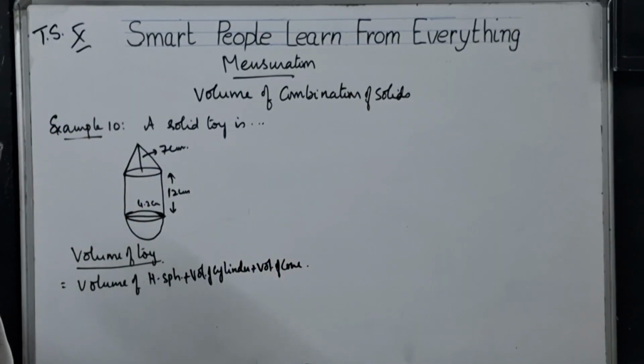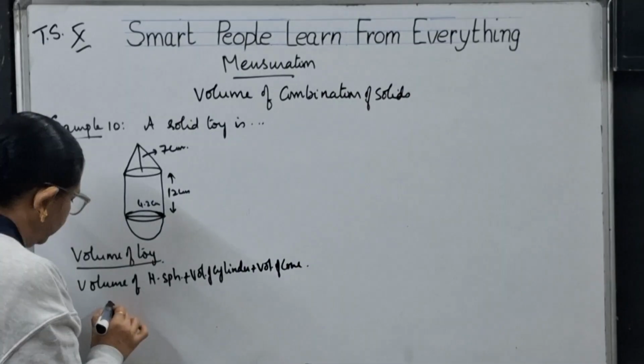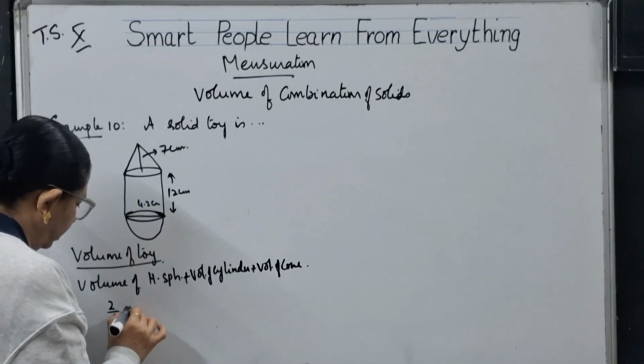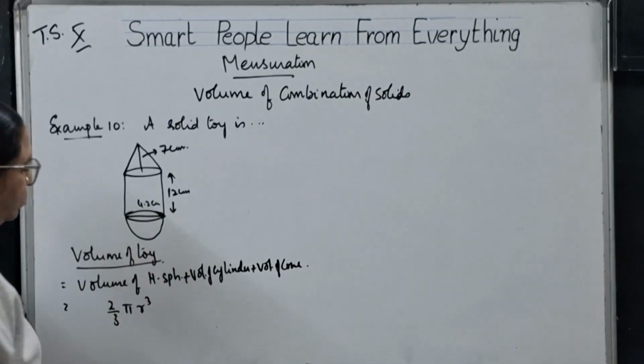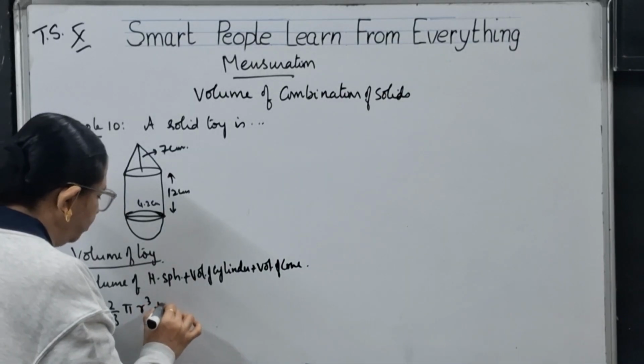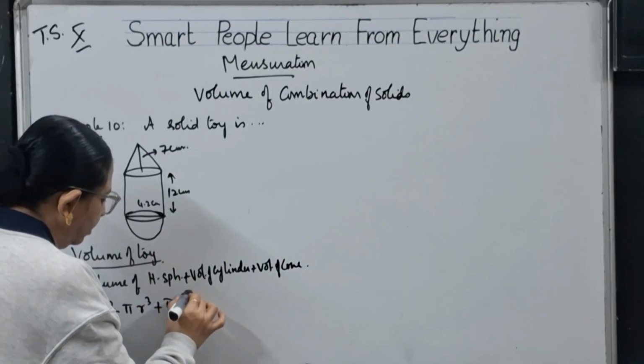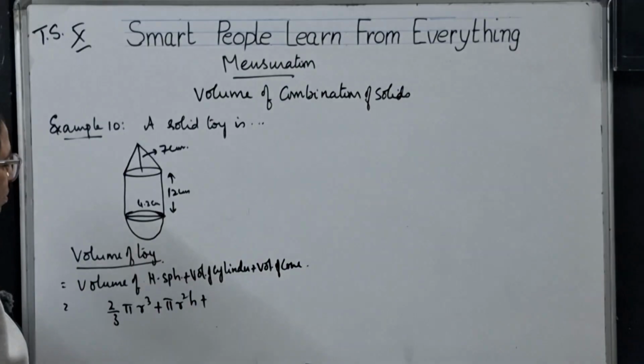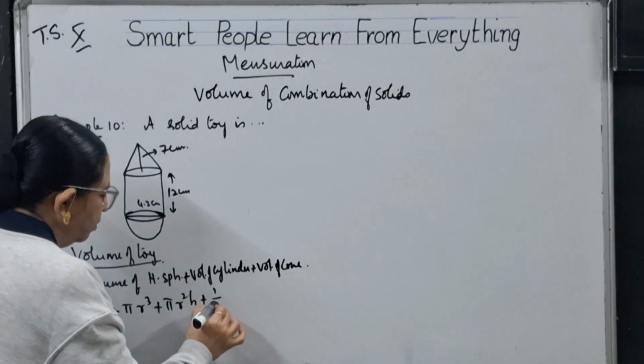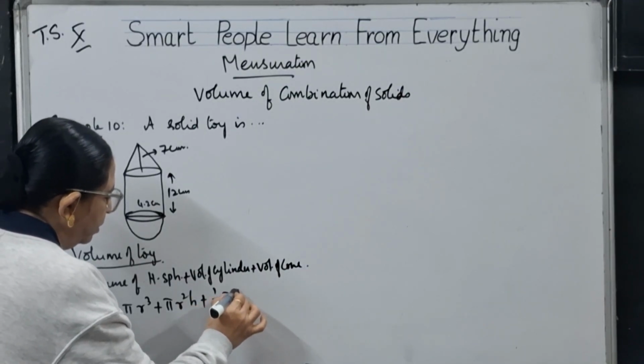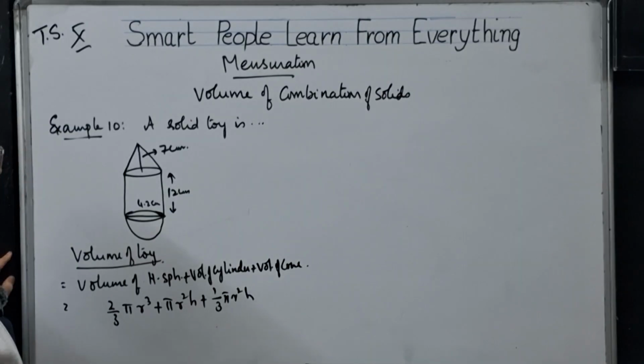So all the three you have to add. Volume of hemisphere is 2 by 3 pi r cube, plus volume of cylinder pi r square h, plus volume of cone 1/3 pi r square h.